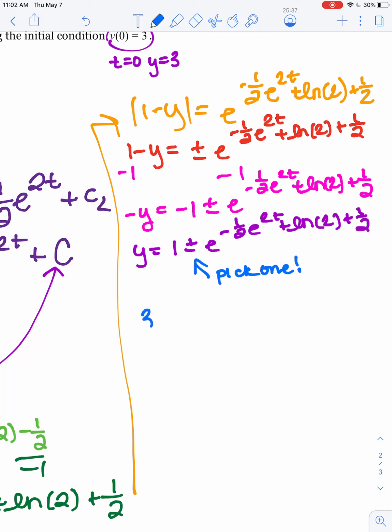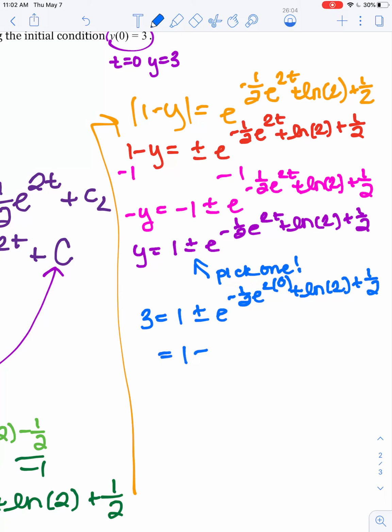Okay, so if I plug in 3 for y and 0 for t, I need to figure out, do I add or subtract these two terms, right? So we have e to the negative 1/2 e to the 2 times 0 plus natural log of 2 plus 1/2.